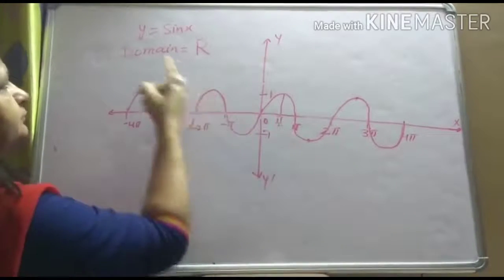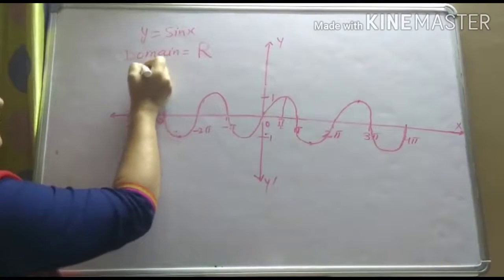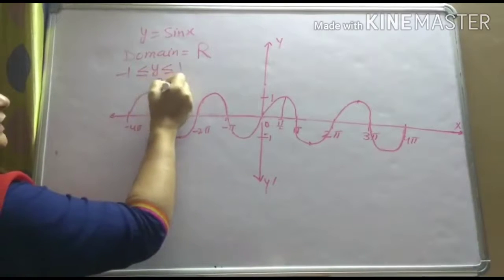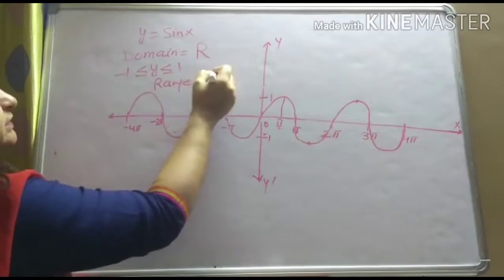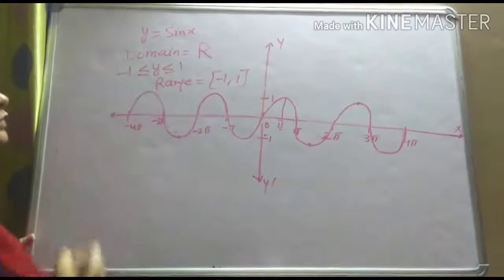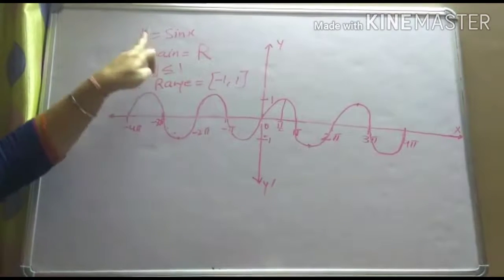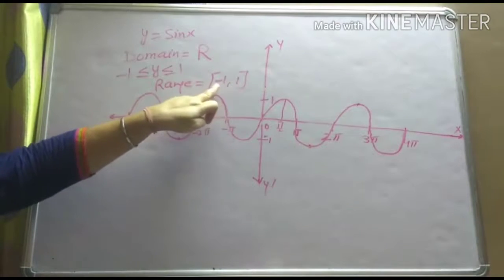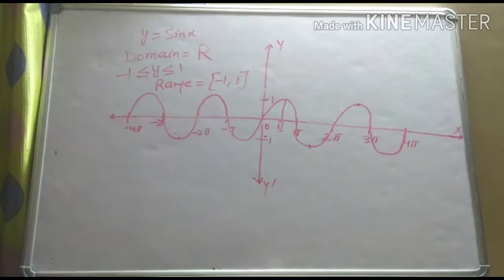So the range of this function is minus 1 to 1, or we can say the range is the closed interval minus 1 to 1. It means y lies between minus 1 and 1, including minus 1 and 1.